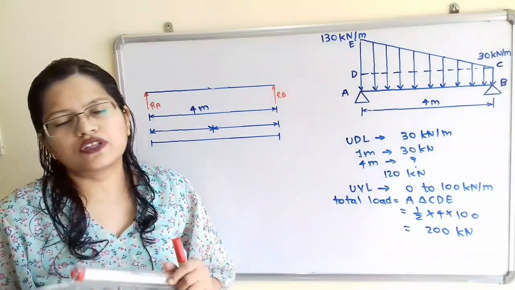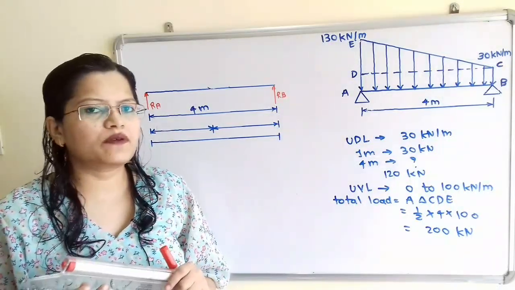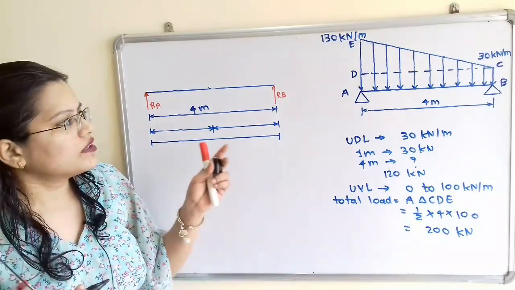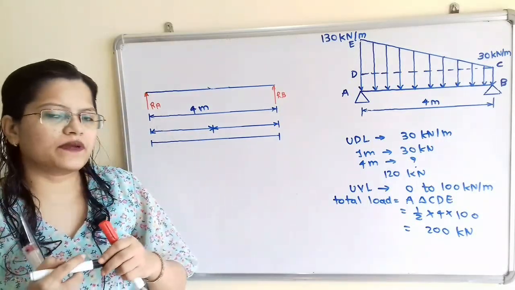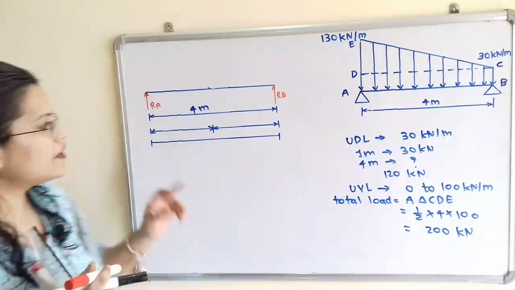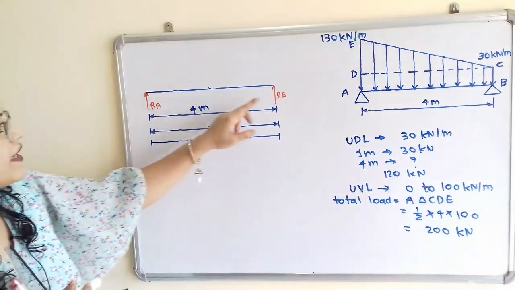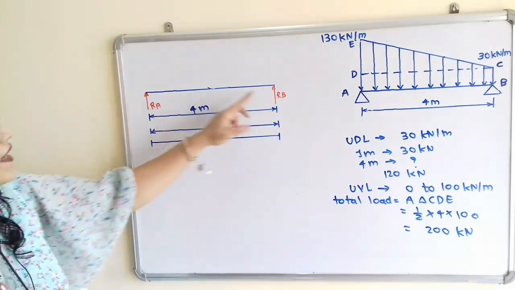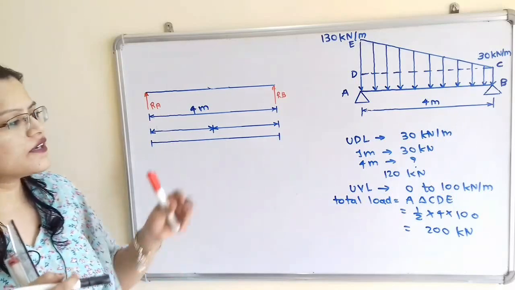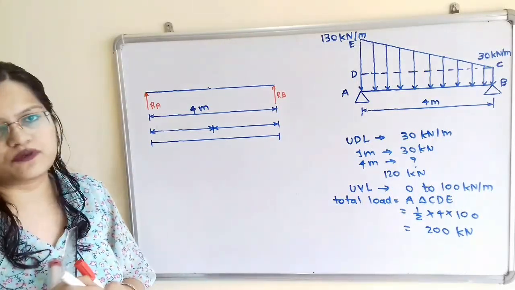Now to draw the shear force diagram and bending moment diagram, we have to first show the free body diagram. So this is the simply supported beam where the supports are given at end A and B. So we will show the reactions at point A and B, that is RA and RB, in vertically upward direction. Now next we will plot the uniformly distributed load.